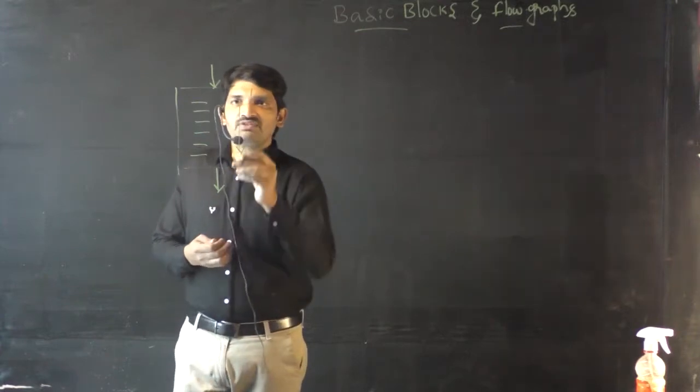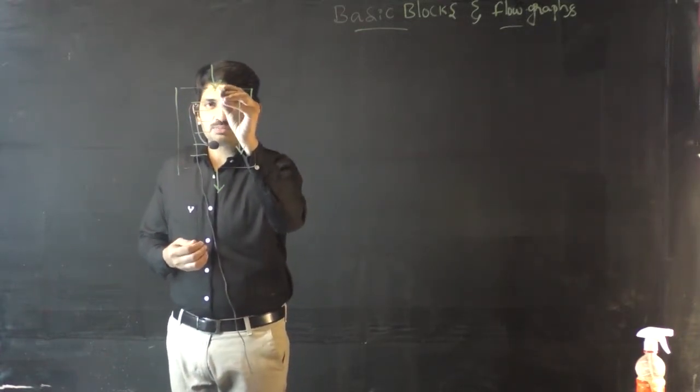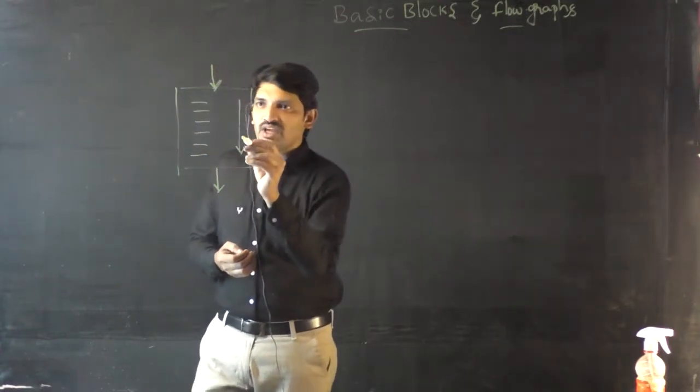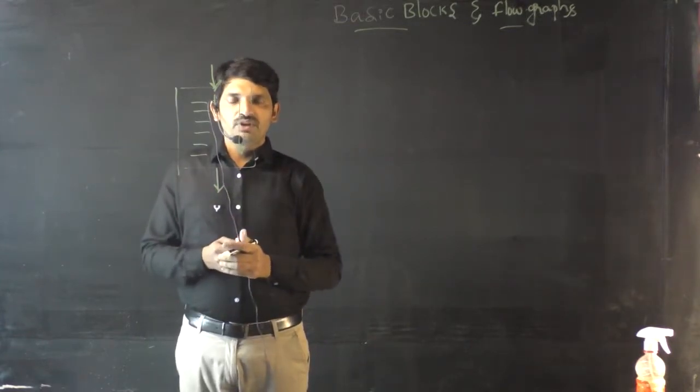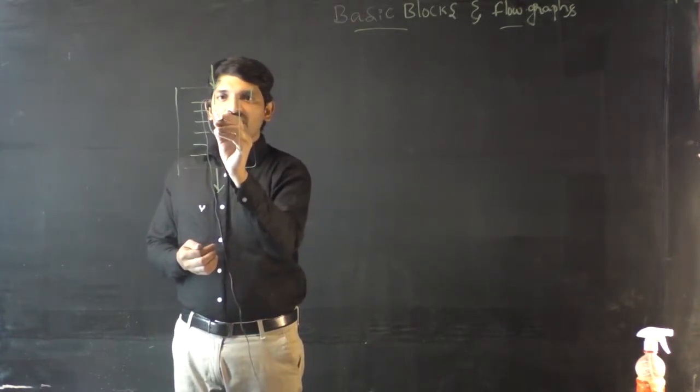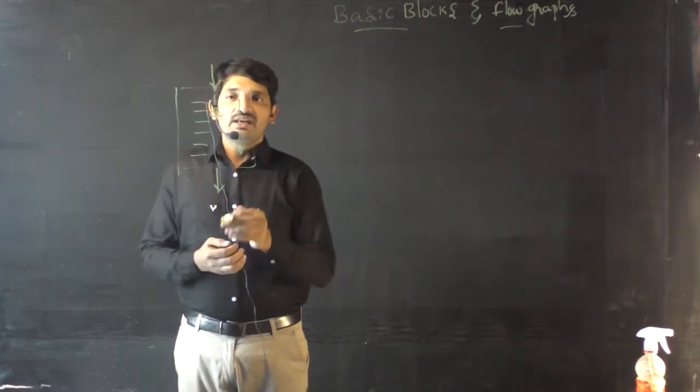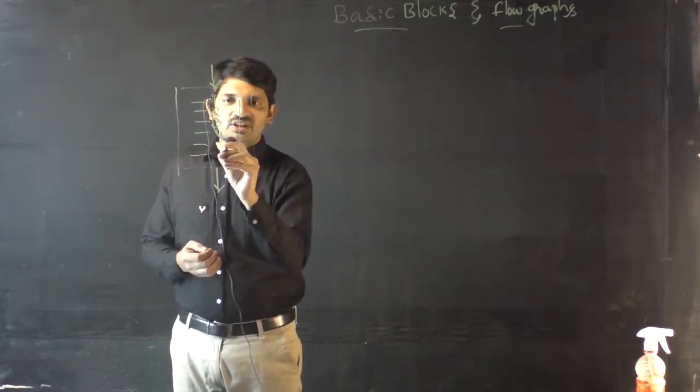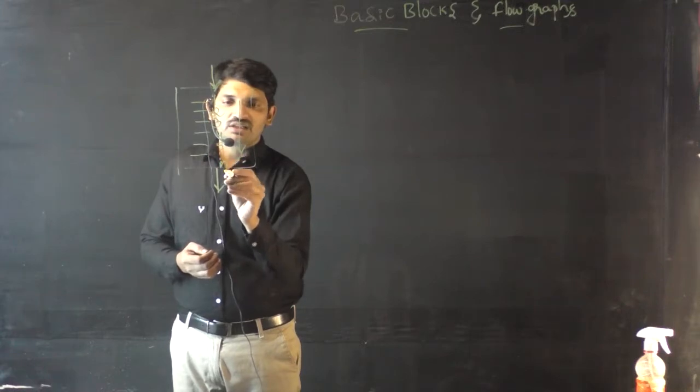That means if the control flow enters this particular block, it has to execute the first instruction. After completion of the first instruction, it must execute the second one, then third, then fourth, then fifth, until the last instruction.